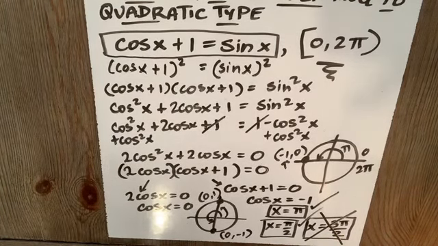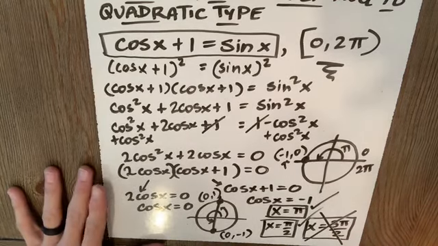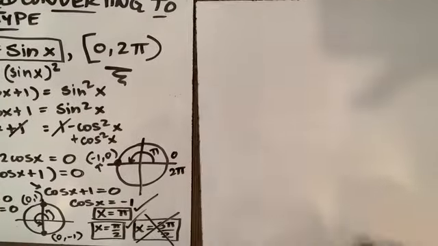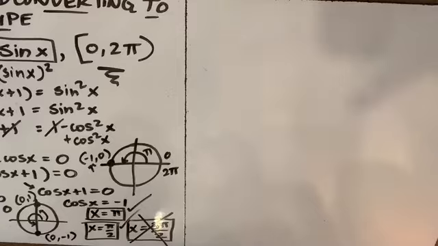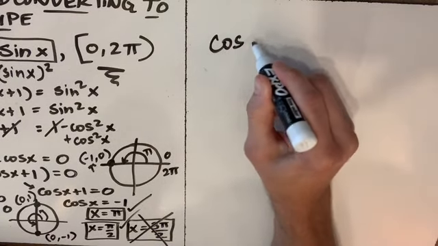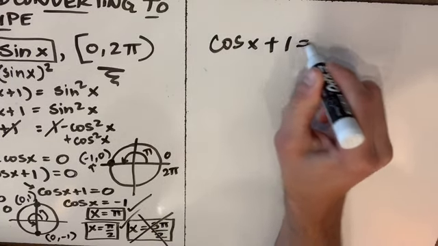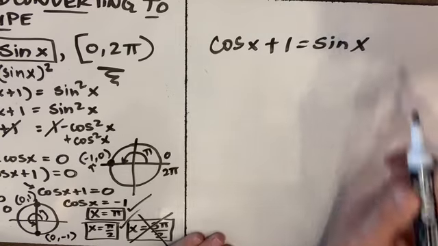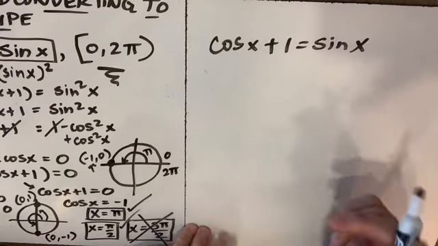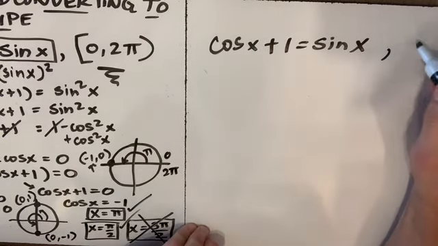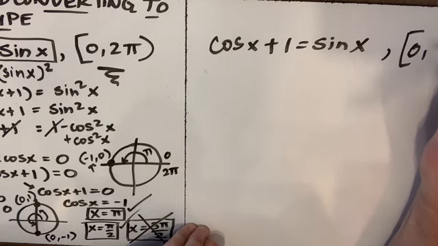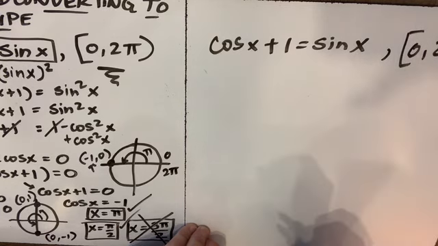Now, look what happens if I take the original equation. That original equation was cosine x plus 1 equals sine x. If I take that equation and I subtract sine x from both sides, by the way, we had a restricted domain, right? From 0 to 2 pi. Include the 0, don't include the 2 pi.